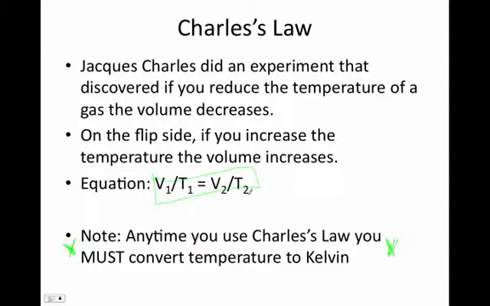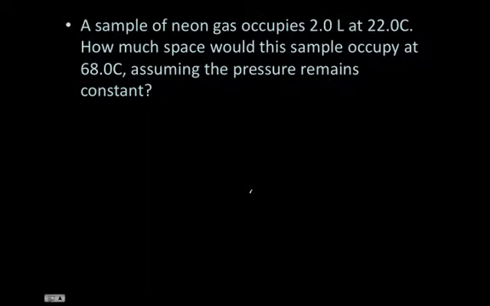So let's take a look at an example here on Charles's law and what I might expect you to do in class. It says a sample of neon gas occupies 2 liters at 22 degrees Celsius, I apologize, it should have a degree sign there. How much space would the sample occupy at 68 degrees Celsius, assuming the pressure remains constant?